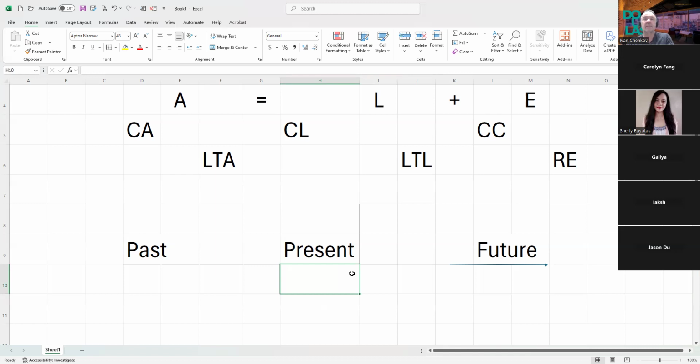At the reporting date, since the balance sheet again is prepared at a point of time, at the point of time that we're preparing the balance sheet, does the company have any present obligation to pay something in the future for which it did something in the past?